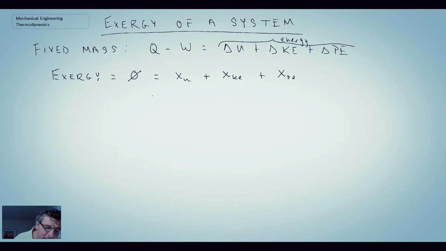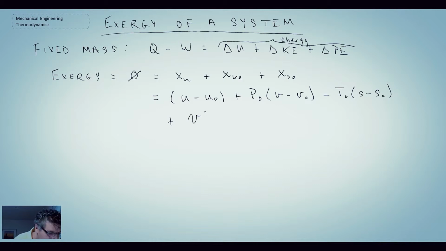So we can sub in the values that we just derived previously. And it's the first one for internal energy that's a little more complex. And for kinetic energy and for potential energy, it was relatively simple.